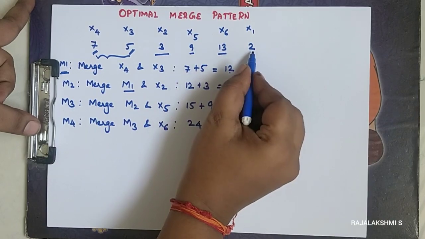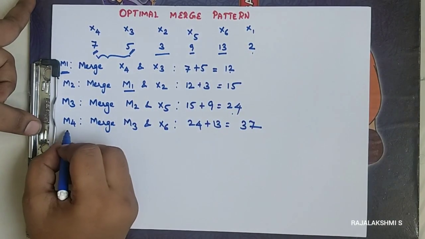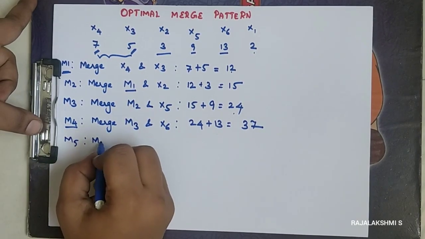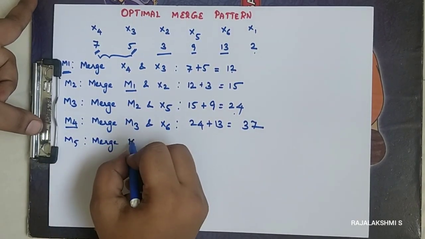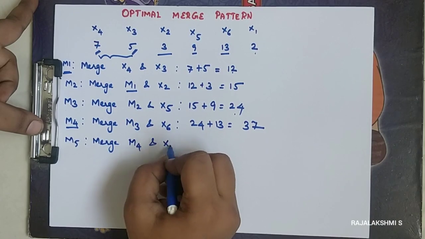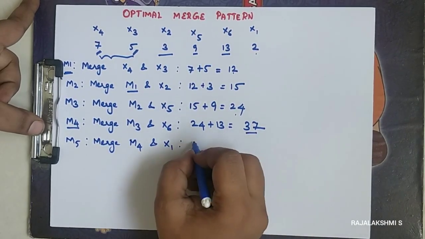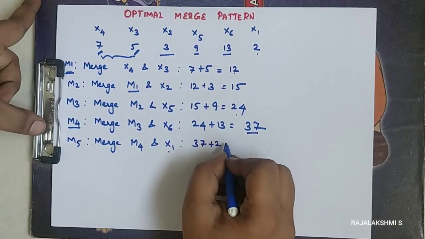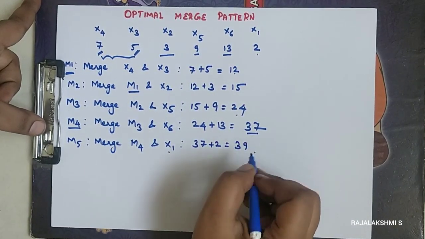So now the final file, of size 2, has to be merged with this m4. So it is m5. So merge m4 and x1. So size of m4 is 37 and size of x1 is 2. So it will be equivalent to 39.